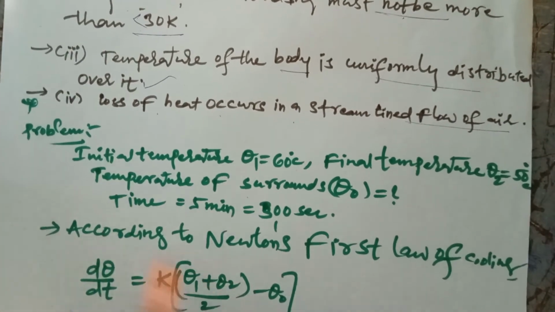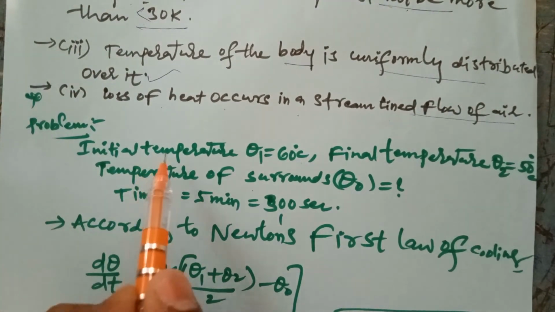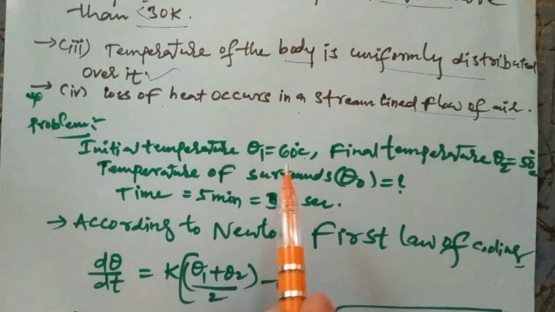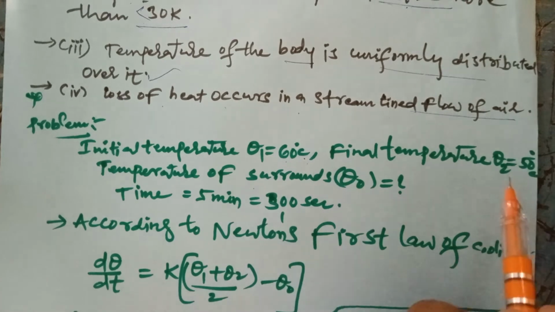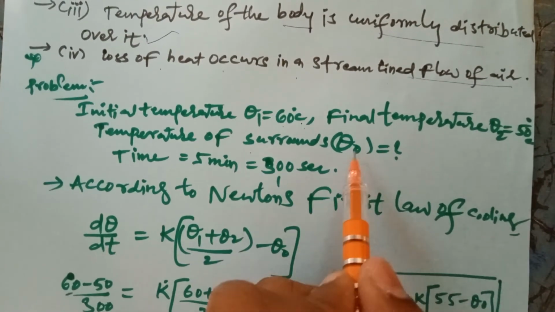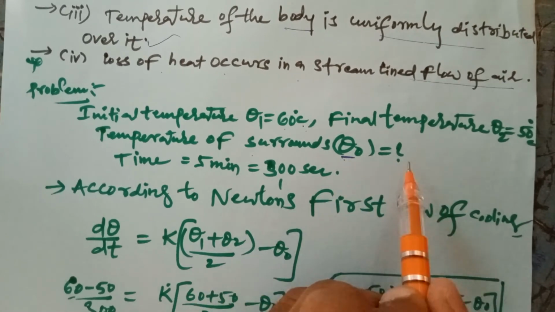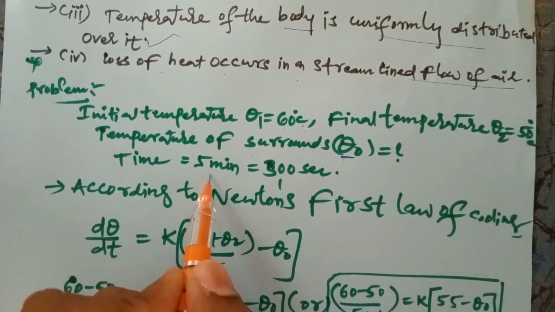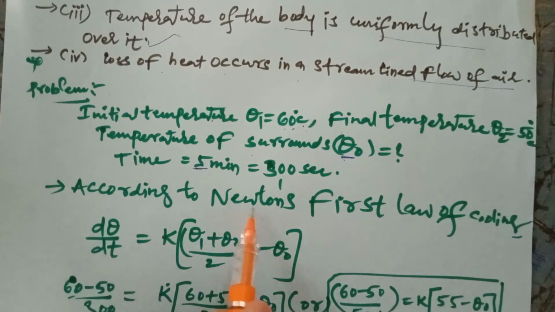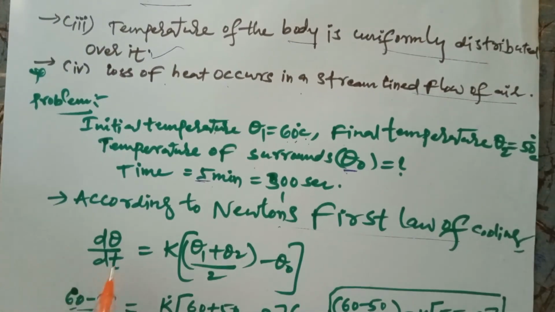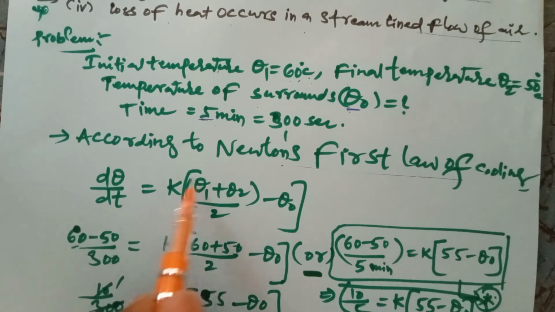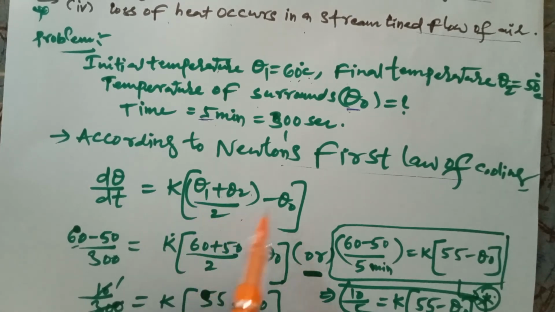They have given the temperatures. A body cools from 60 degrees to 50 degrees. Means initial temperature θ1 is equal to 60 degrees, θ2 is equal to 50 degrees. The temperature of the surroundings, θ0, is how much? Then the time for 60 to 50 is taken as 5 minutes. According to Newton's law of cooling, what do we know? The formula dθ by dt is equal to k into (θ1 plus θ2)/2 minus θ0.